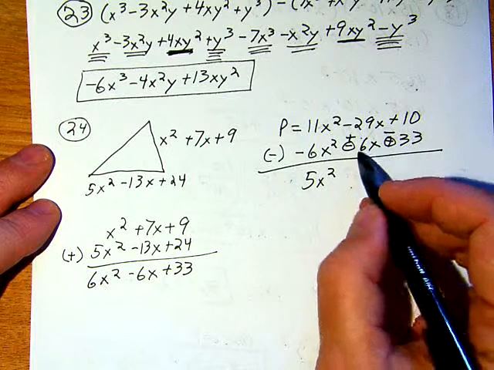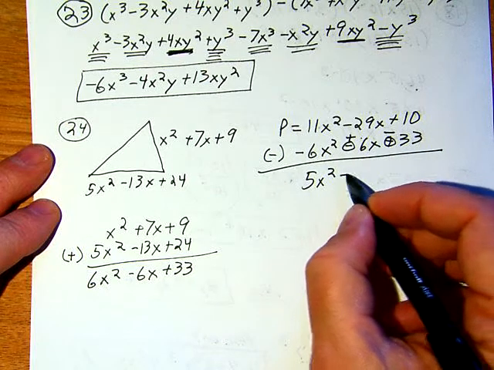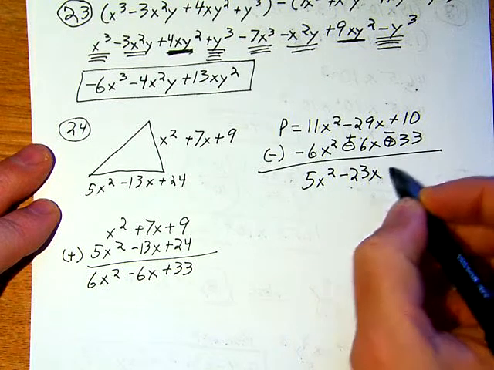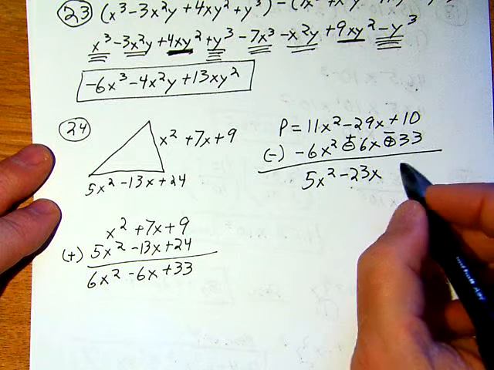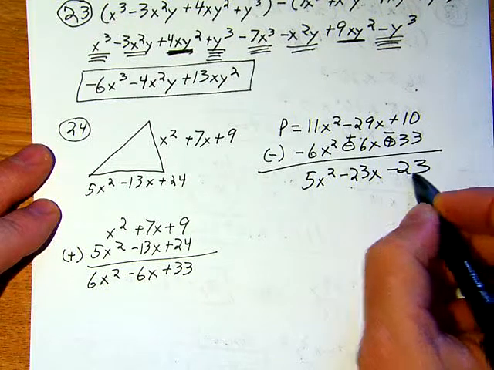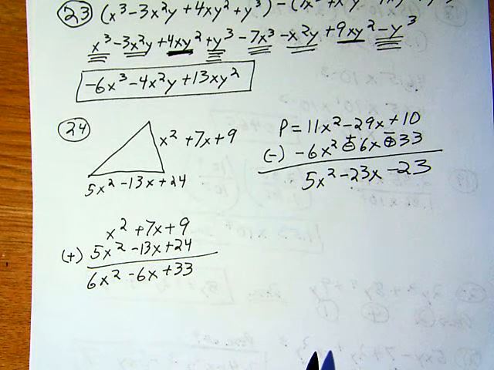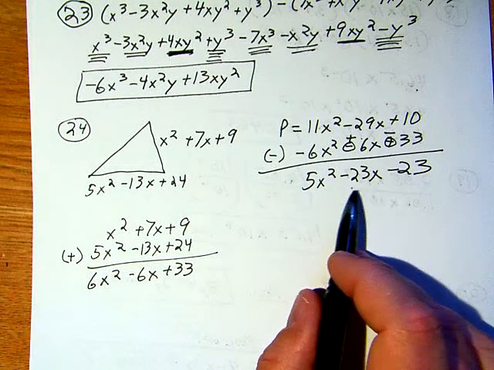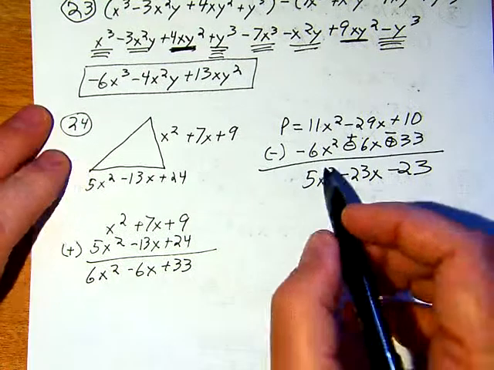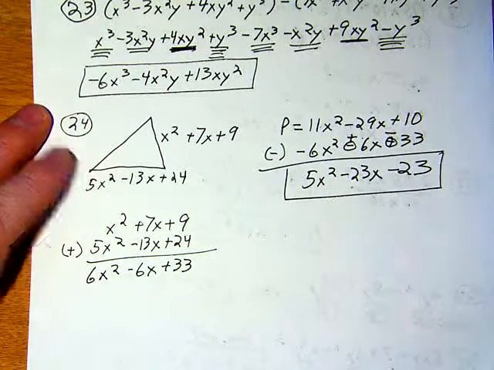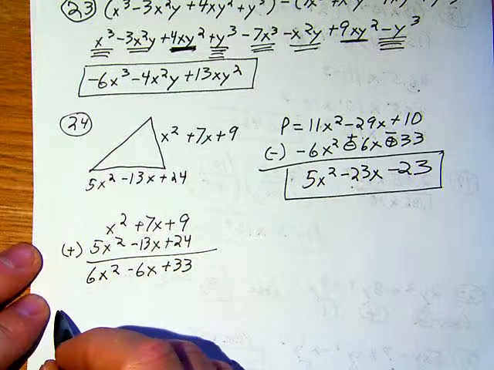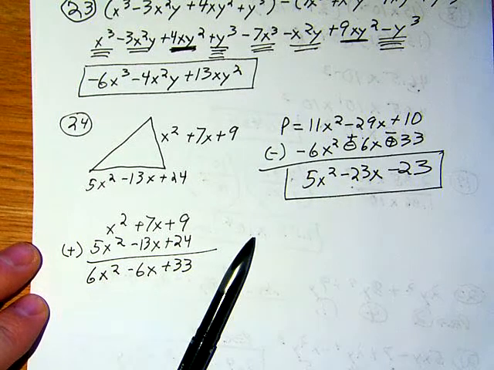Minus 29x minus minus 6x is minus 23x. And 10 minus 33 is minus 23. Double checking that with the book: 5x squared minus 23x minus 23. Excellent. That is the correct answer right there. And we have to call that quits for the day.